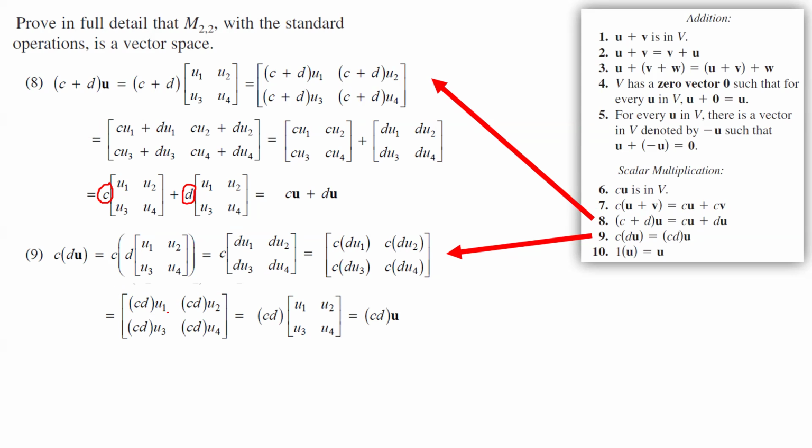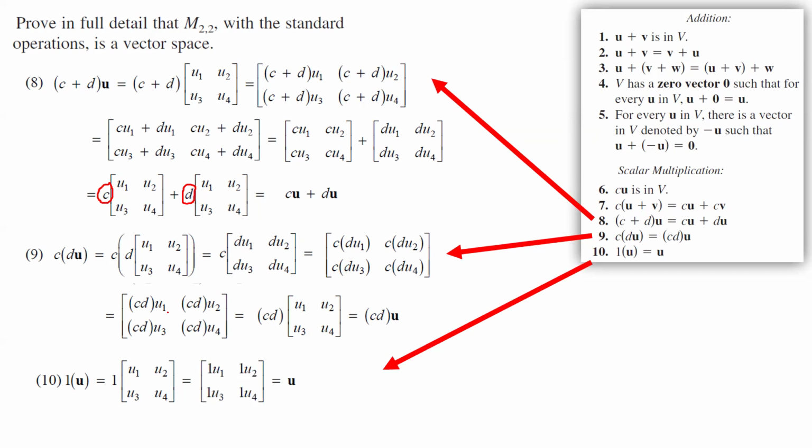Finally, number 10 for you. 1 times U is the scalar multiplication of 1 by this vector, which is a 2 by 2 matrix. U1, U2, U3, U4. From scalar multiplication, it is 1 times U1, 1 times U2, 1 times U3, 1 times U4, which is basically U itself.